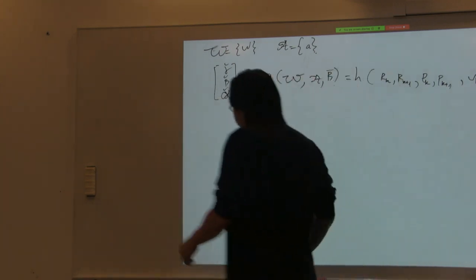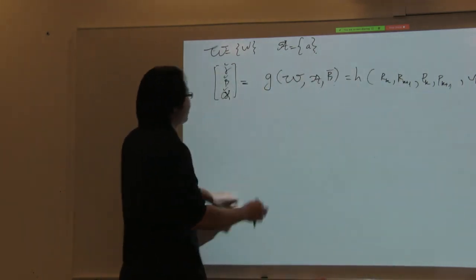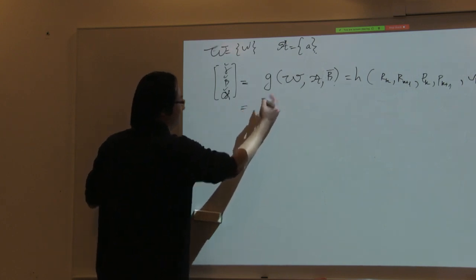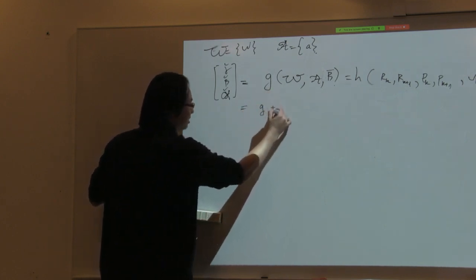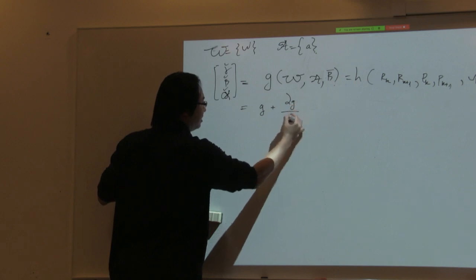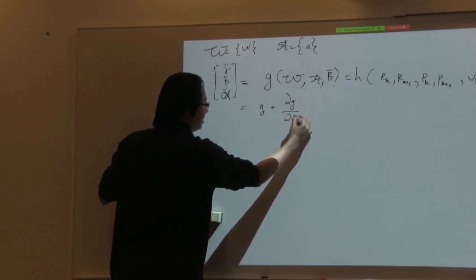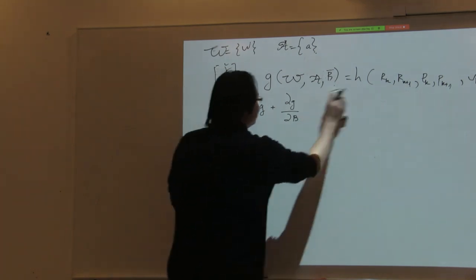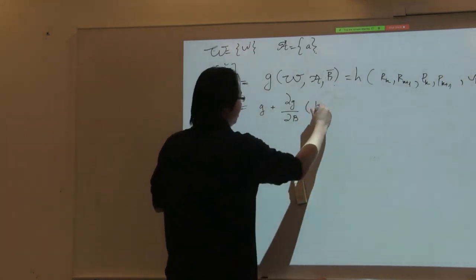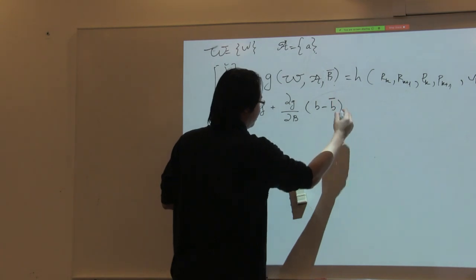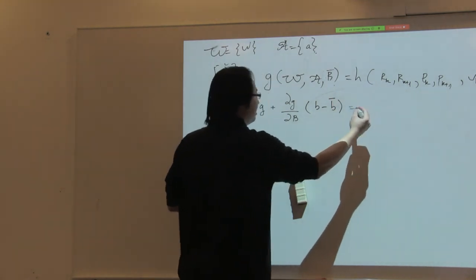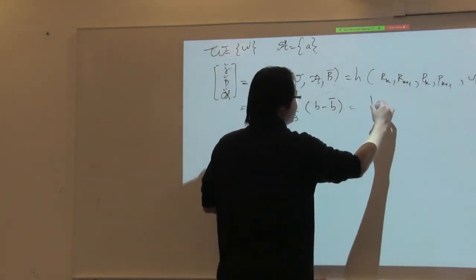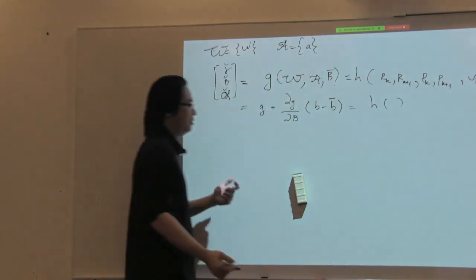And they modify their observation model: G plus delta G delta B, where delta B equals B minus B constant, equal to H. You get what I mean?